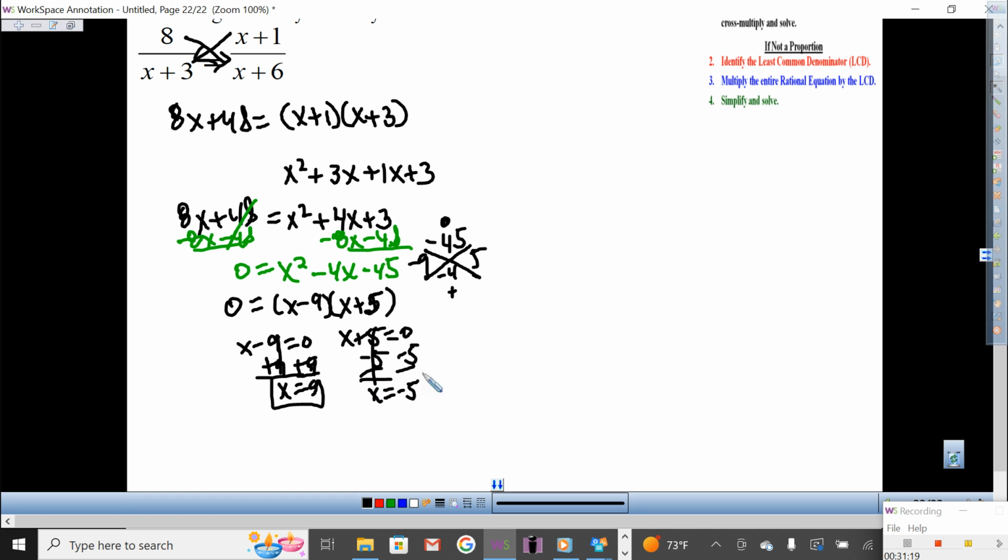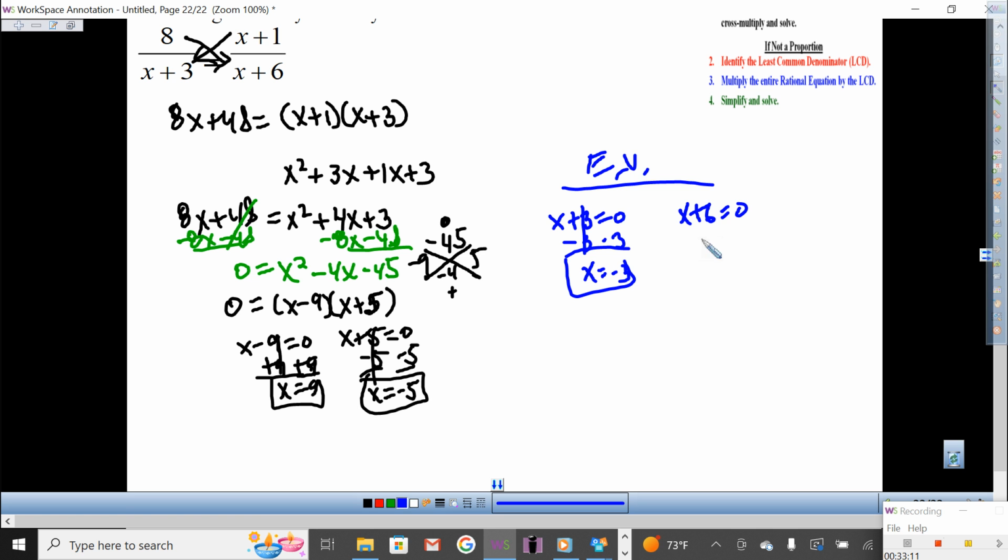Okay. X equals negative 5. Have you got that by yourself? Okay. Excluded values. Anaya, what do I write? So therefore, minus 3 minus 3, x equals negative 3, minus 6 minus 6, x equals negative 6.